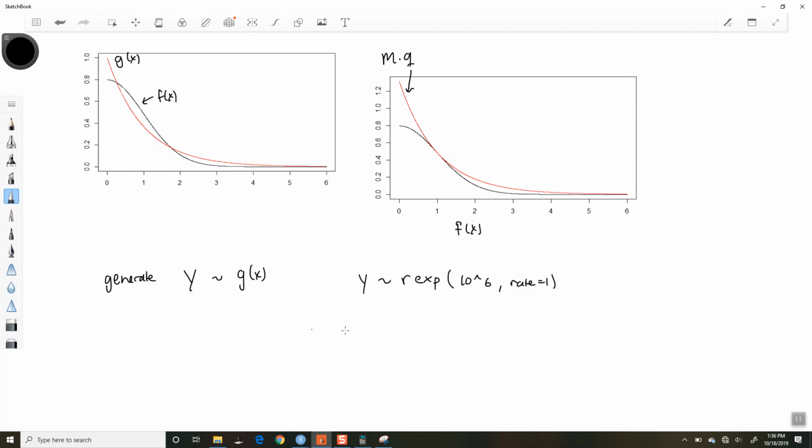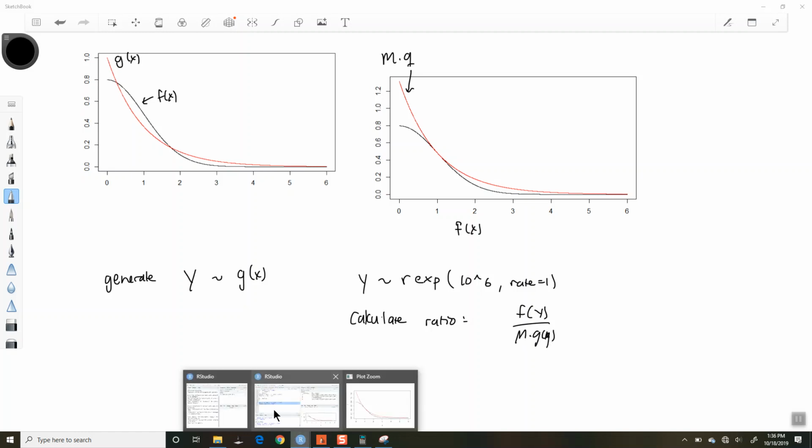If the exponential generates some value over here, then we'll accept it with probability 1, and over here we're not going to accept all of them. So we calculate the ratio, which is f of y over m times g of y.